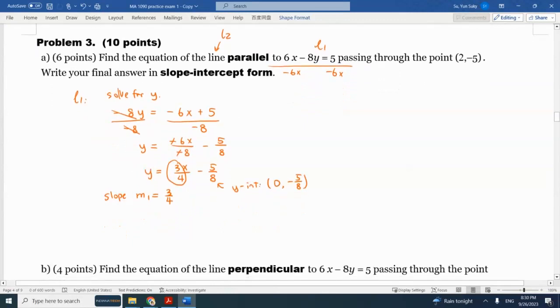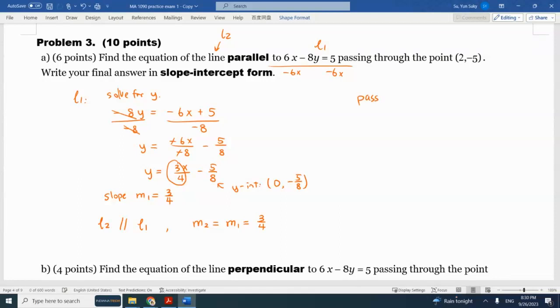So we just need to find the slope, because we know line 2 is parallel to line 1. Remember, two lines are parallel if they have the same slope. So m2 equals m1 equals 3 over 4. So we know the slope of the second line is 3 over 4.